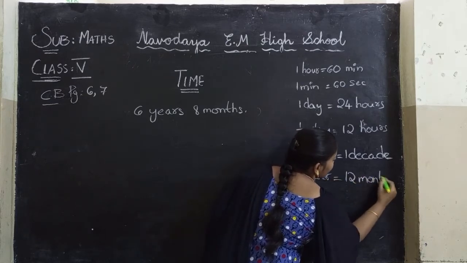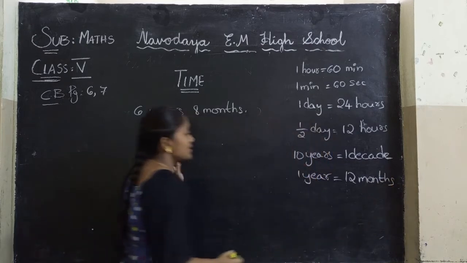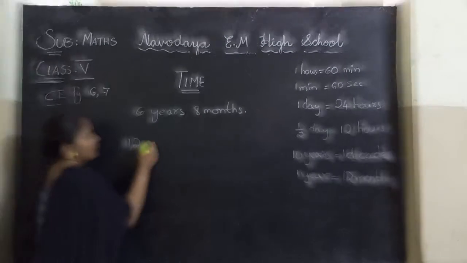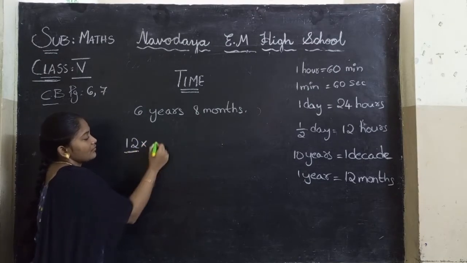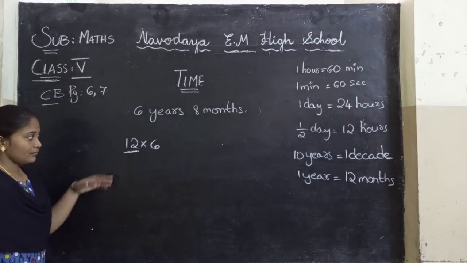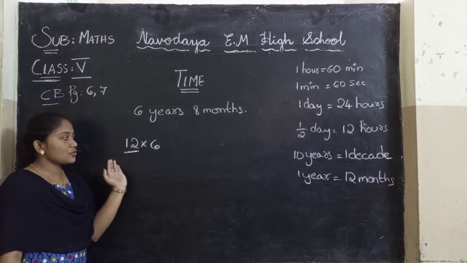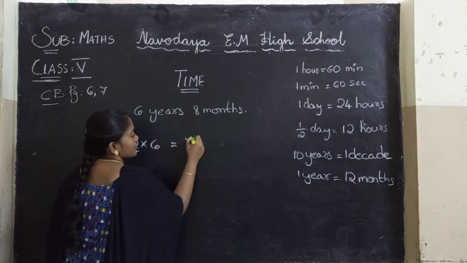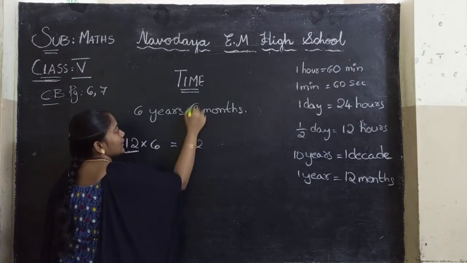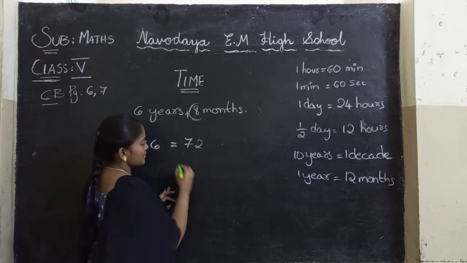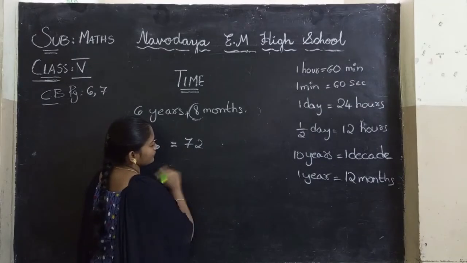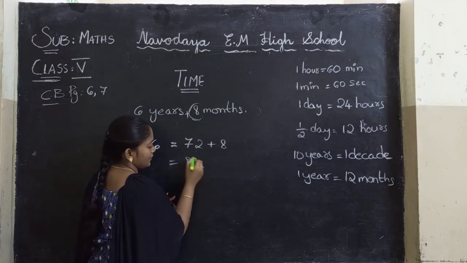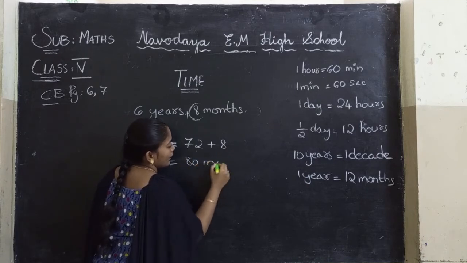So 6 years means 12 into 6. 12 months for each of the 6 years. So 12 6s are 72 months. Plus again 8 months are there. So 72 plus 8 is 80 months. How many months? 80 months.